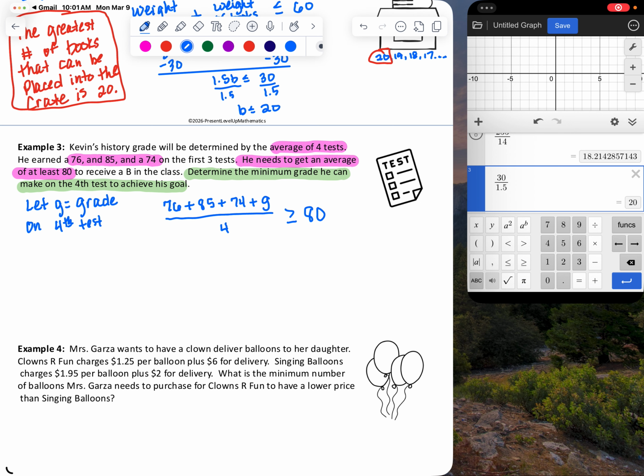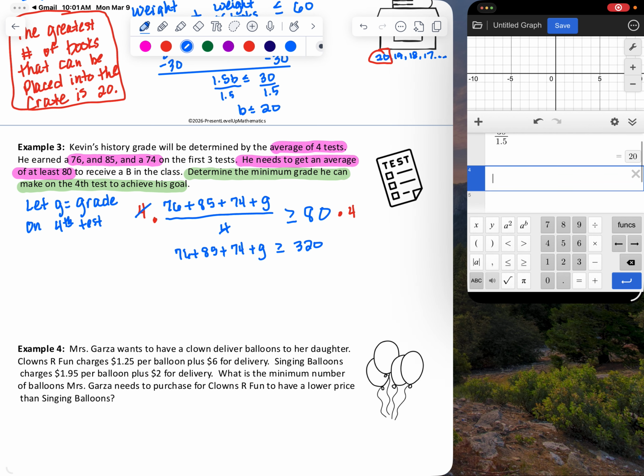All right, now remember, when we're solving problems with fractions like this, we want to get rid of the fraction first by multiplying both sides by the denominator. So in this case, our denominator is 4. So I'll multiply this side by 4 and multiply this side by 4. So when I do that, this 4 will cancel with this 4, and I'm left with 76 plus 85 plus 74 plus G is greater than or equal to 320.